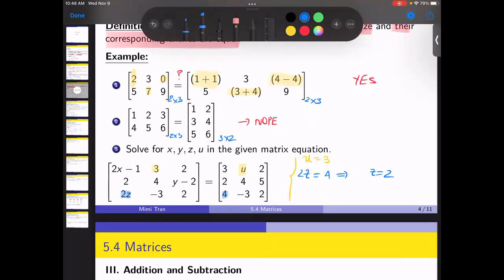And next one, 2x minus 1 equals 3, I'm sorry. Then x equals 2, add 1, divided by 2. Last one, 7. Maybe I'll use black because I can't see the green.